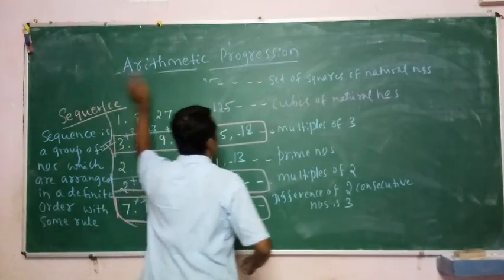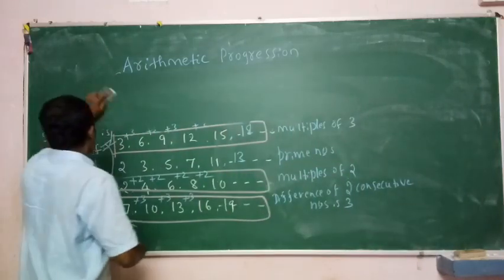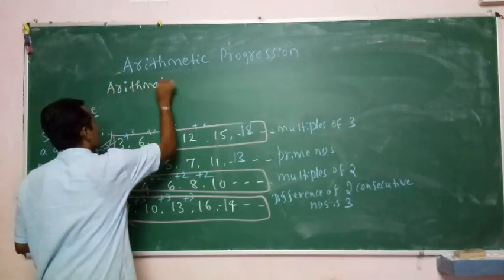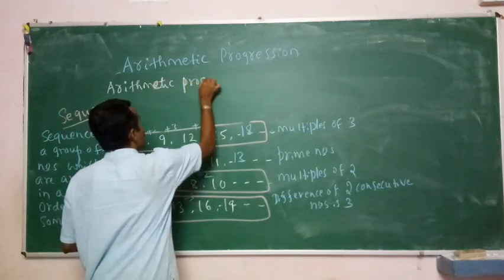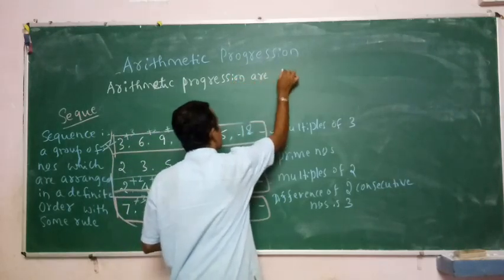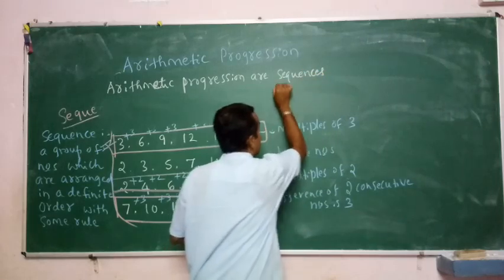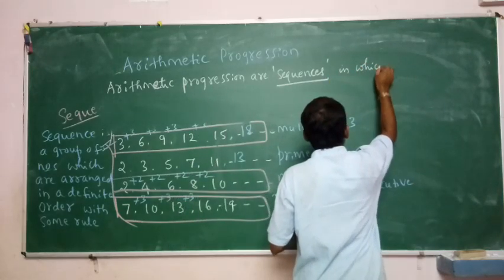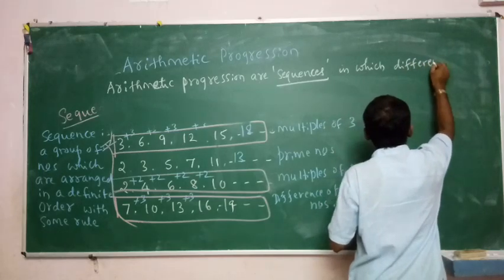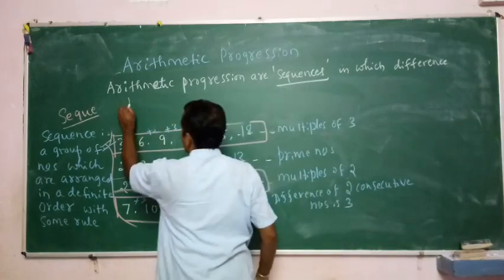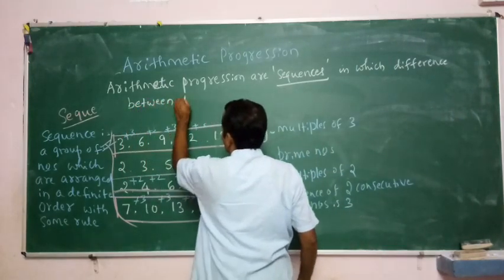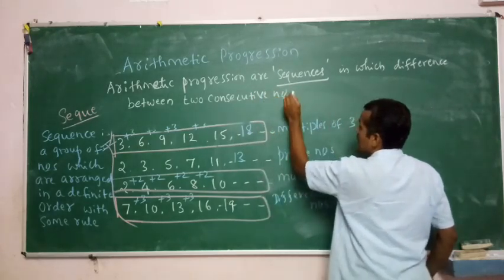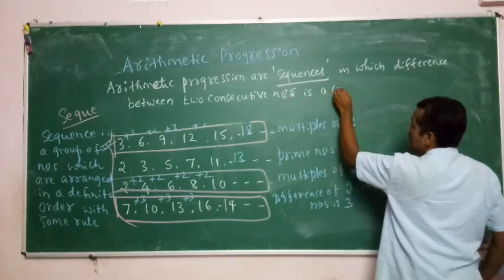Let me write now what arithmetic progressions are. Arithmetic progressions are sequences, basically, they must be sequences in which the difference between two consecutive numbers is a constant.